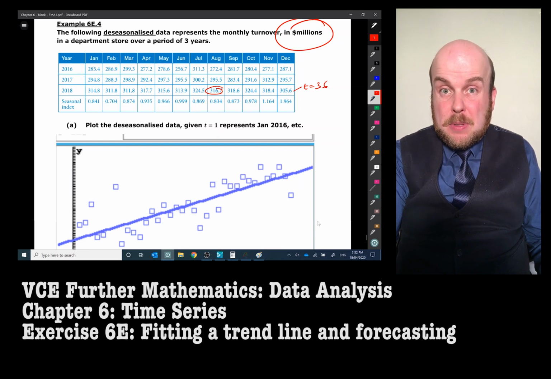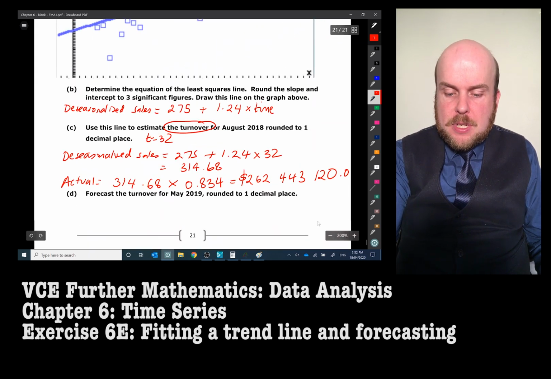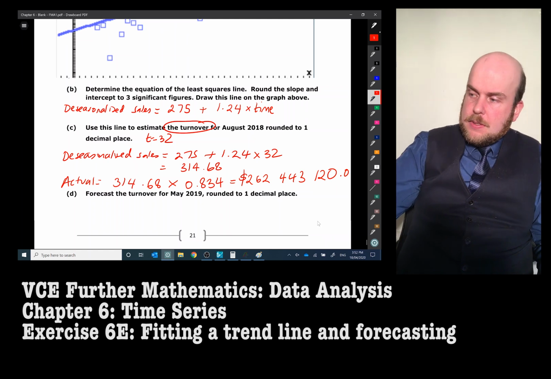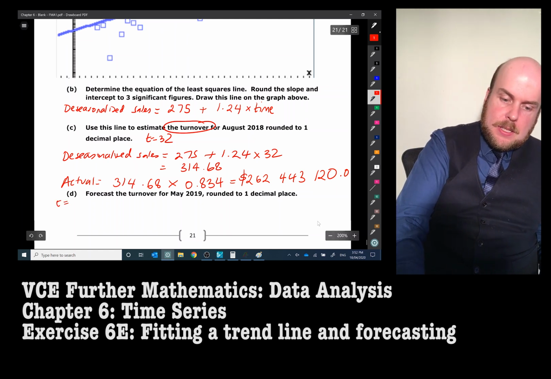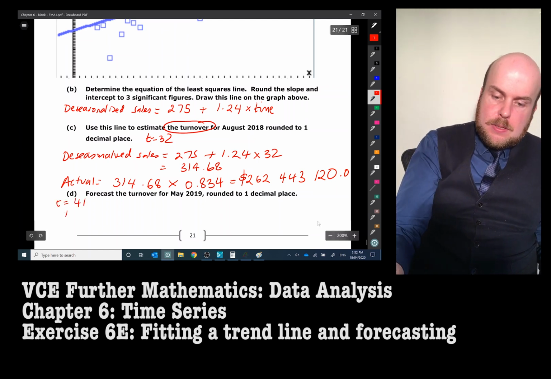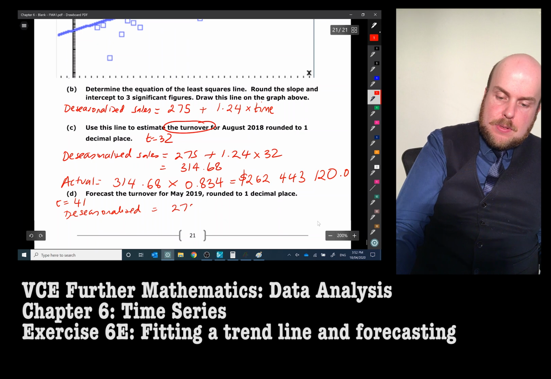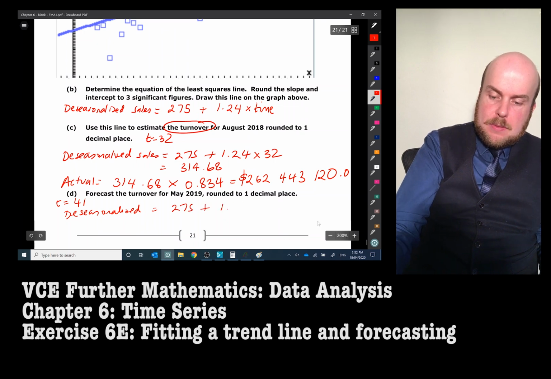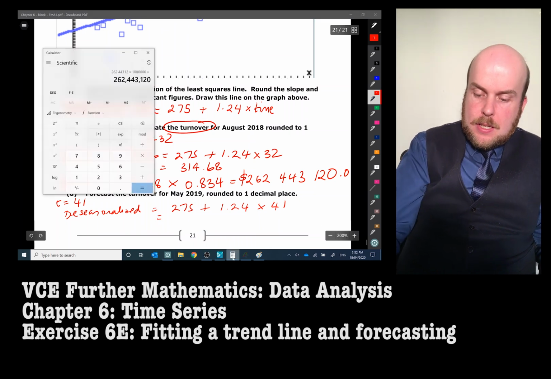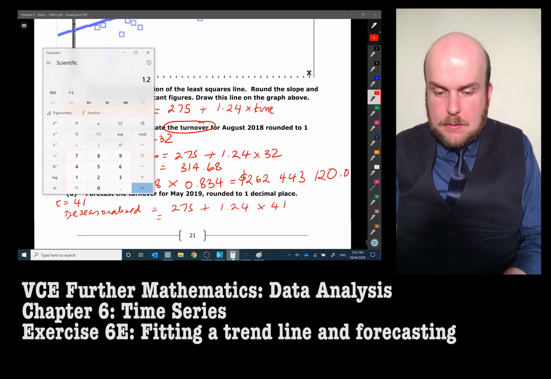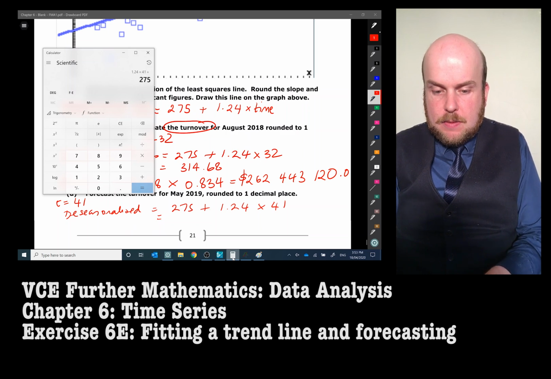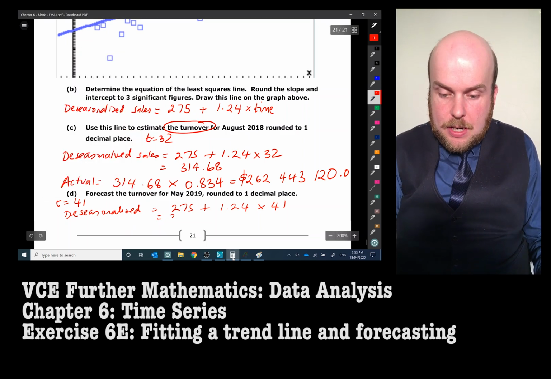So 36 plus 5 is going to make that 41. So I know that deseasonalized is equal to 275 plus 1.24 times 41.